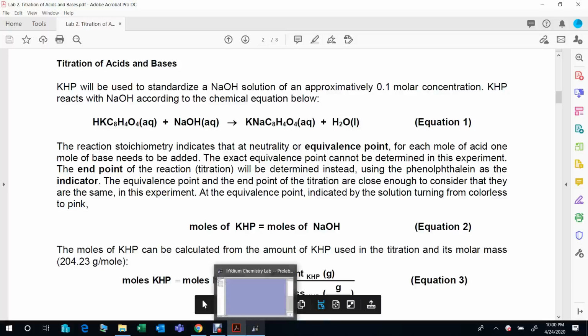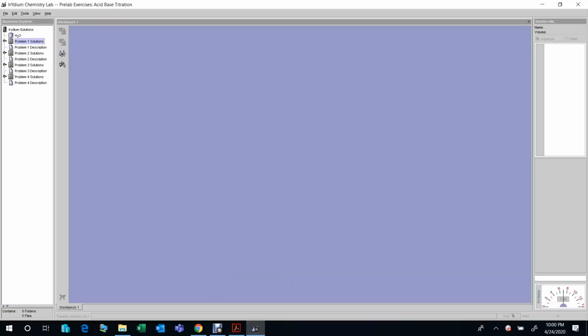And then let's see the problem 1 solution. Okay, so there are a few kinds: 0.1000 molar KHP or 0.08 molar KHP.